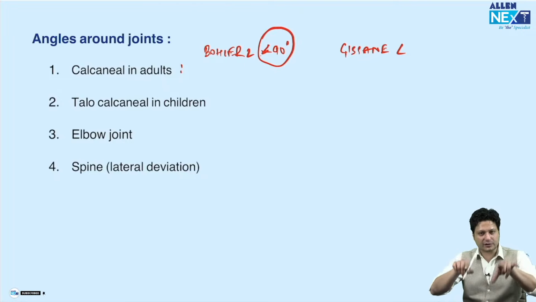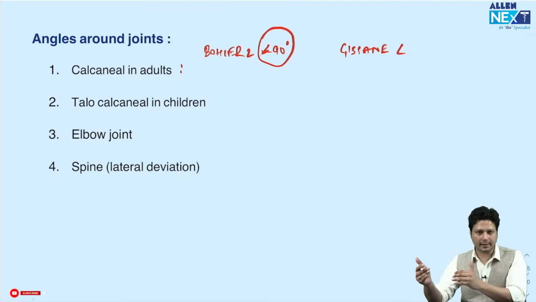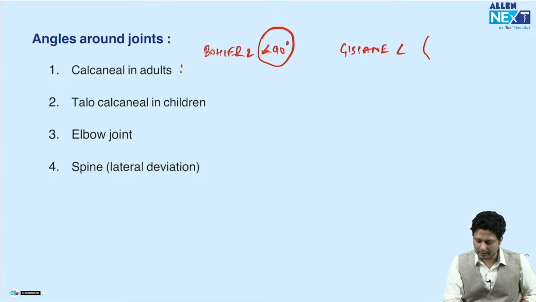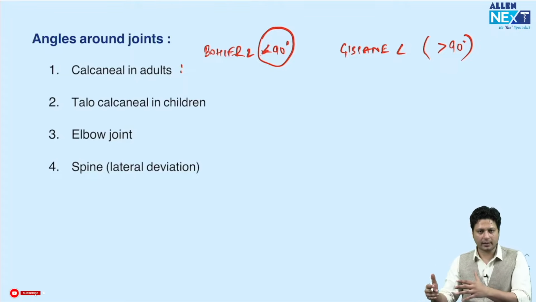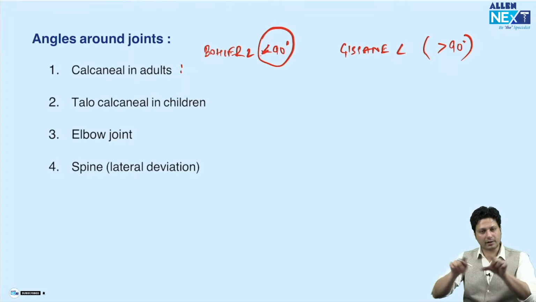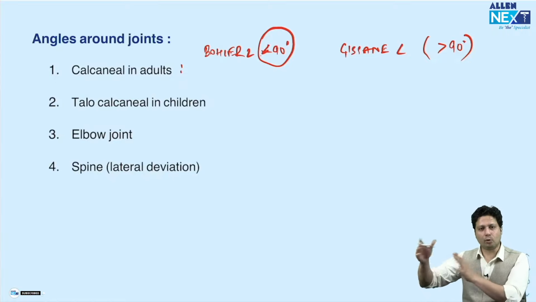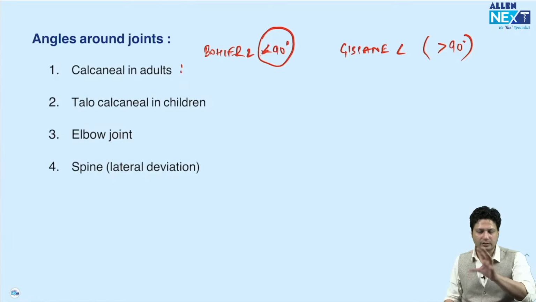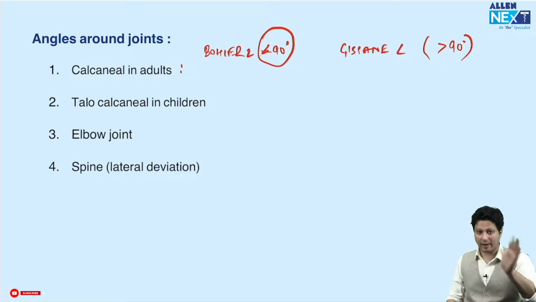If the angle constructed around the calcaneum is less than 90 degrees, it is Bohler angle. But if the angle is more than 90 degrees, it is considered to be the crucial angle of Gissane. You just have to identify what is the bone around which the angles are constructed, and what is the value.